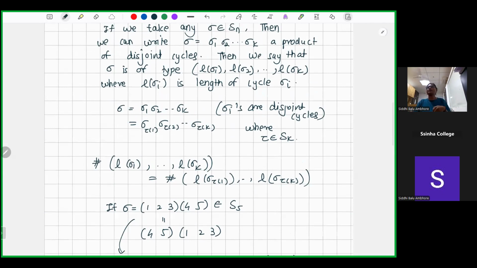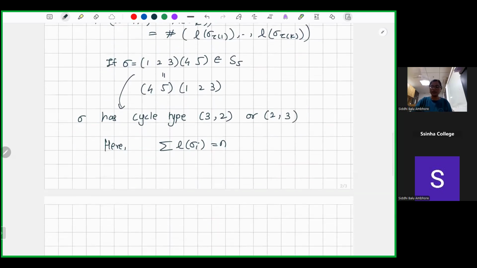We are not omitting any element from the set 1, 2, 3, up to n.